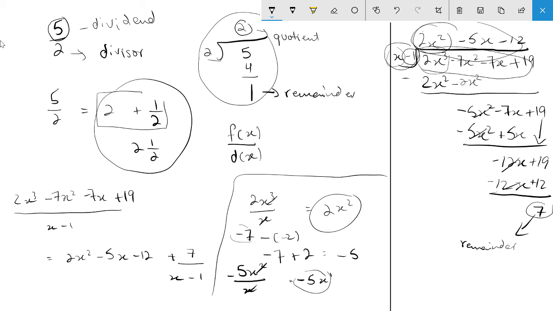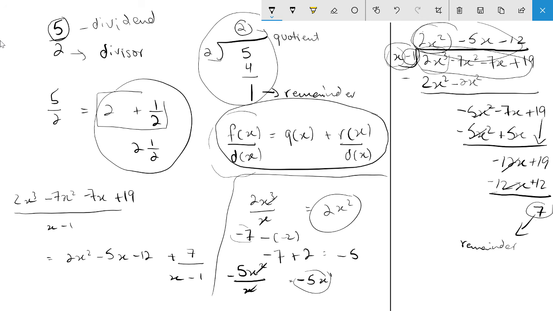In general, we can write any division statement like this. When we divide two polynomials of the form f of x over d of x, we get something of the form q of x for the quotient, plus some remainder r of x over d of x. That would be our division statement.